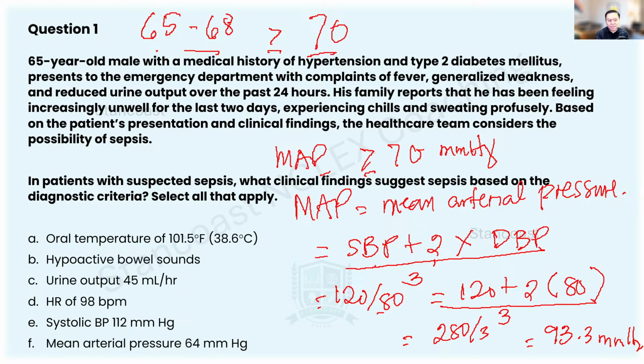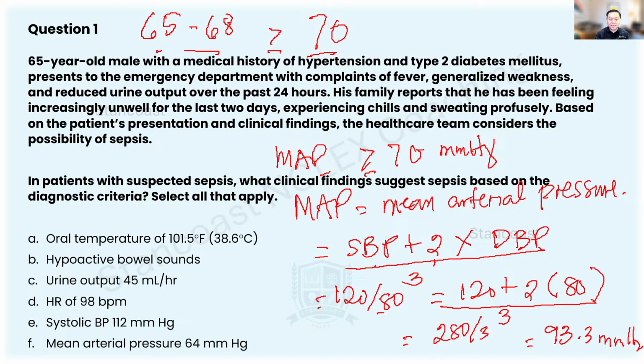If your patient is at 65, 66, 67, 68, 69, they're not in sepsis yet, but you need to exercise more judgment. You've got to monitor your patient much more frequently, because it can possibly go downhill.